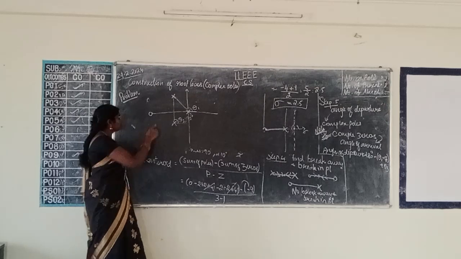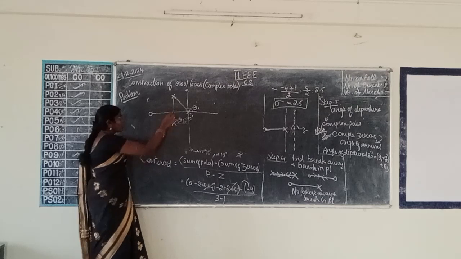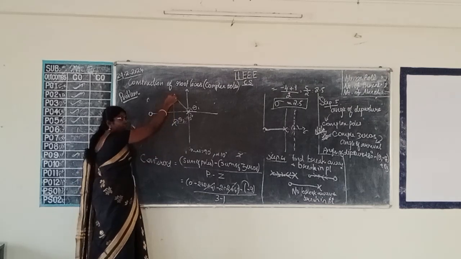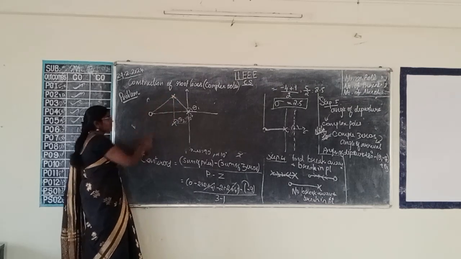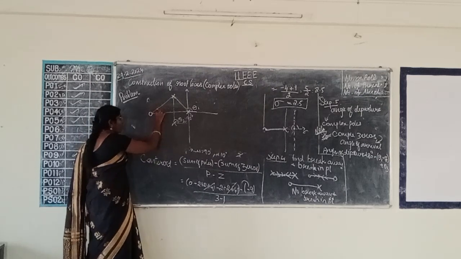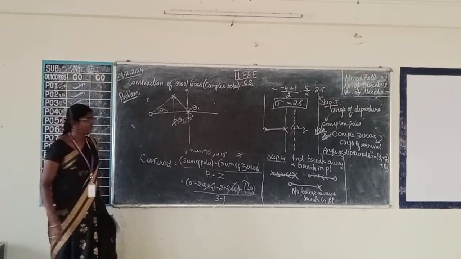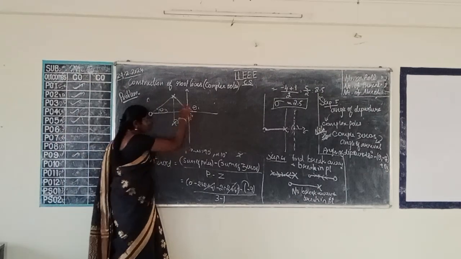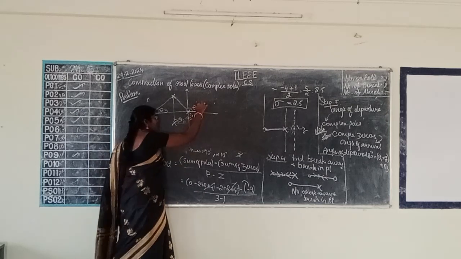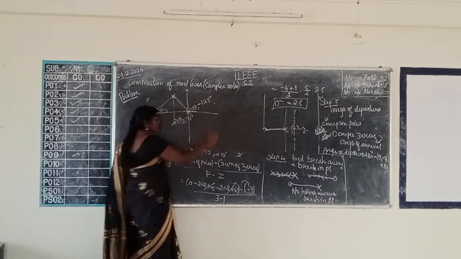Now, from this other pole, connect it with reference to the real axis over here, and this is theta 3. Just take your protractor, place it here and mark theta 1. It will be around 127 degree.